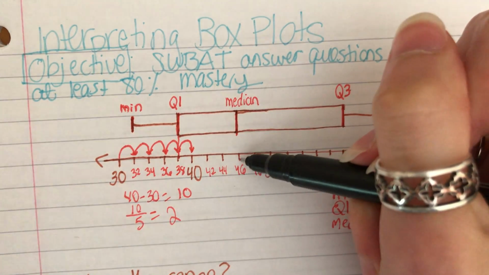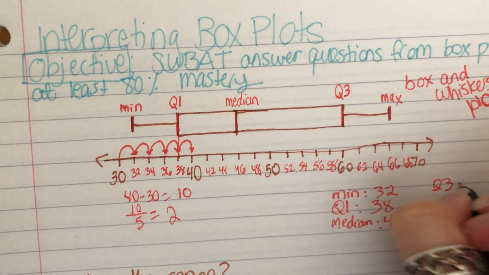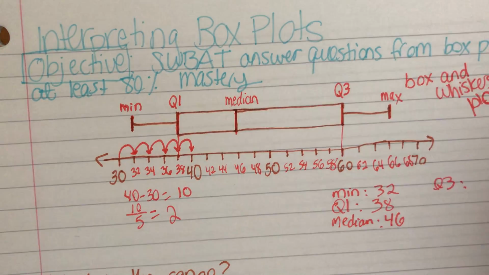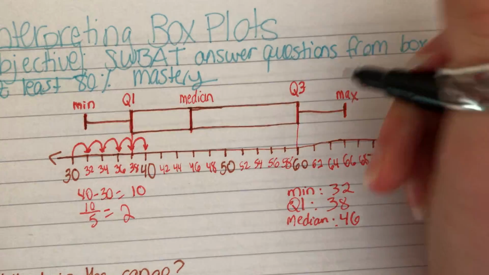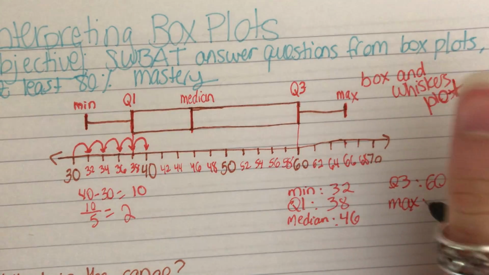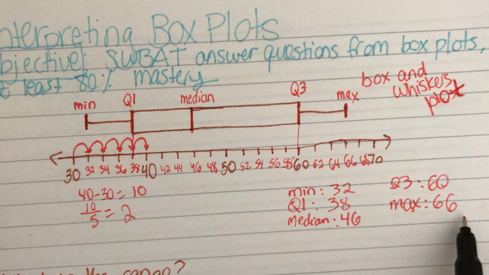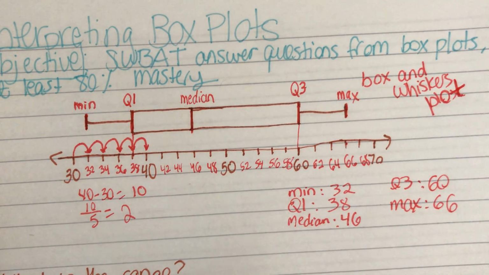The median lines up with 46. Q3 gives us 60. And then the maximum number in the data set would be 66. So the minimum number in our data set is 32, the maximum is 66. The rest are somewhere in between.